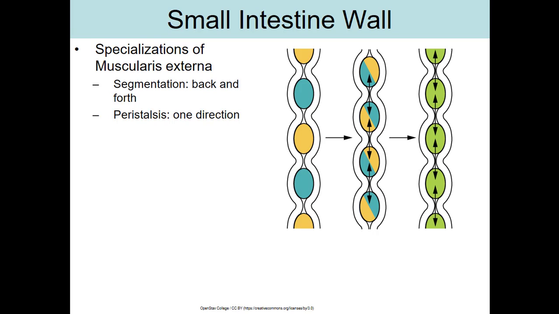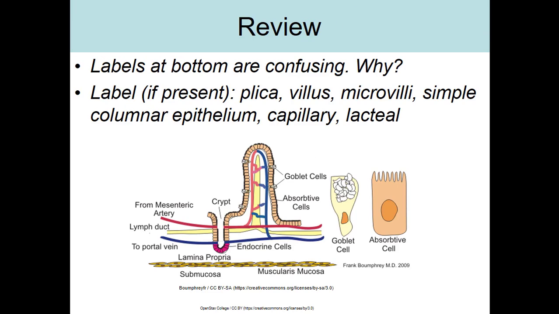And it's very similar to a mixing type action, but it's called segmentation because what we're doing is we're trying to break up or segment the food particles. So in this picture here, you can see how we have separate food particles shown in orange and blue. And through the process of segmentation, they get mixed together, and hence why they showed the end product as being green, because the blue and orange food particles were mixed together through the process of segmentation.